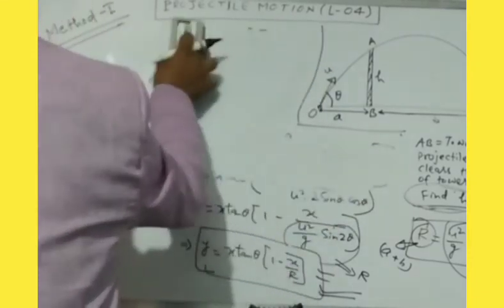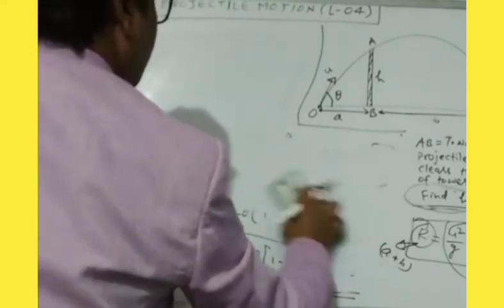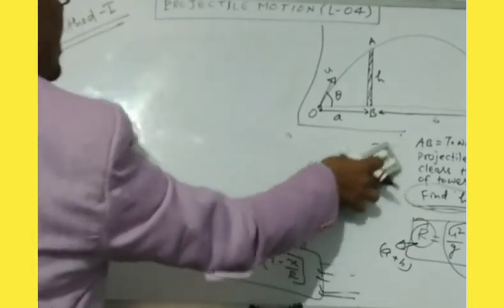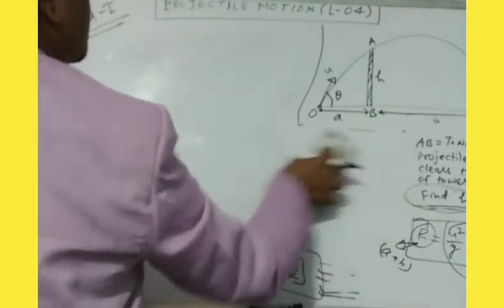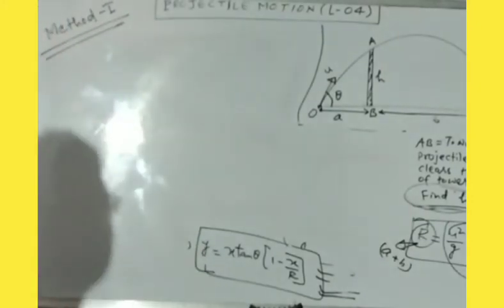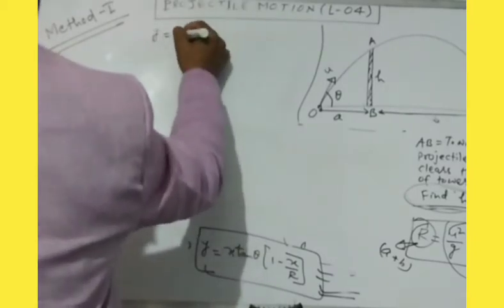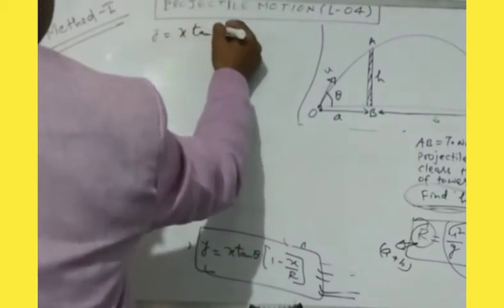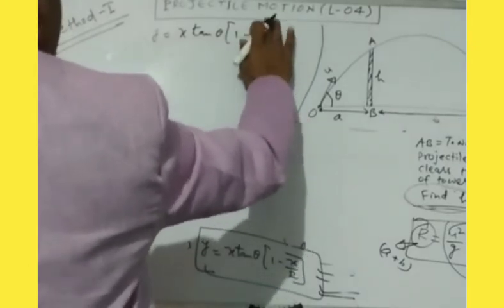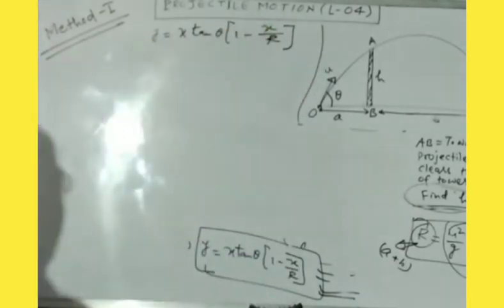The final result is y equals x tan theta into 1 minus x upon R.